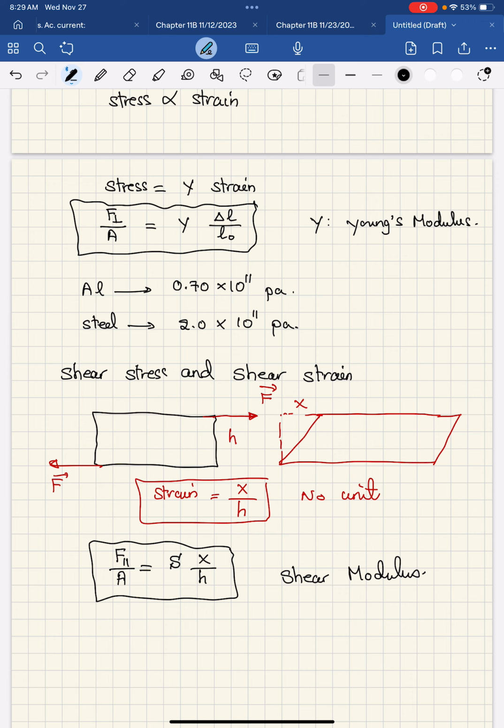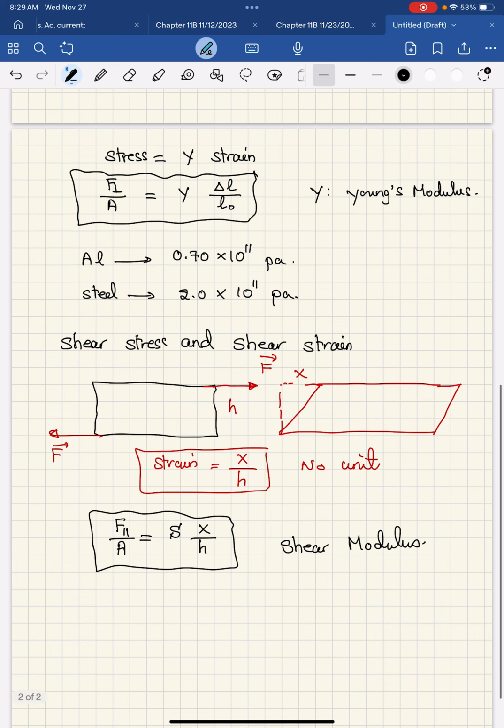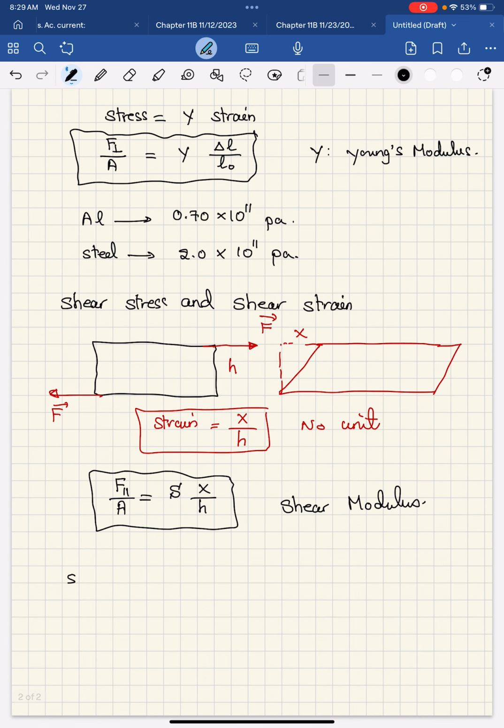Now the last type here is about volume stress and volume strain. It's the same idea, but I'm going to give you the resulting equation. Any change in volume is going to oppose the change in the pressure. I forgot that constant.